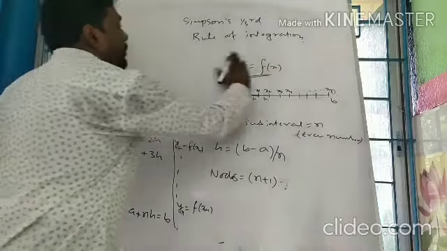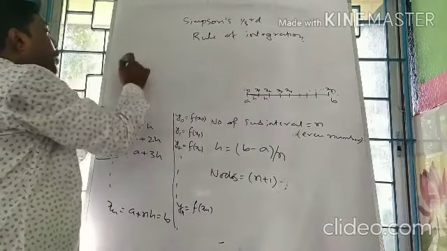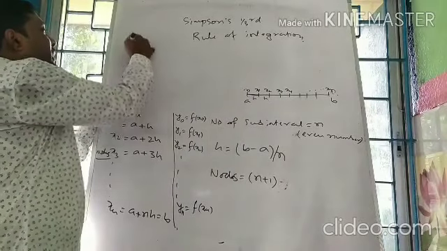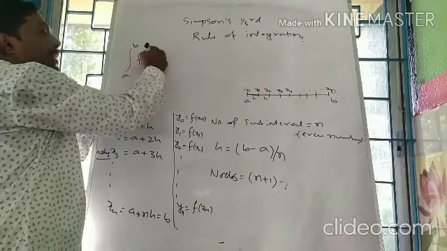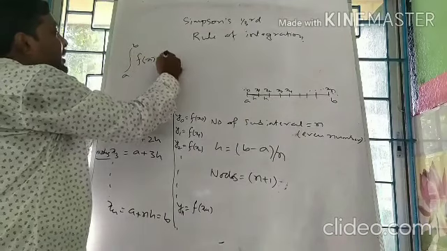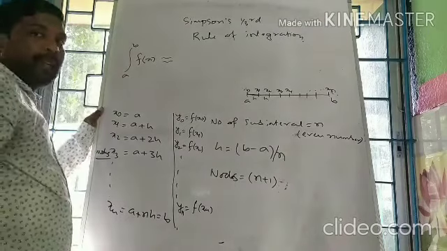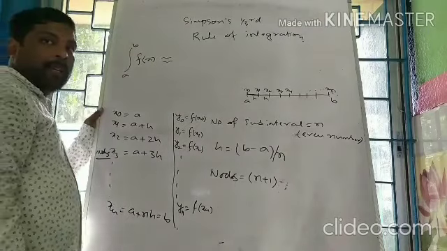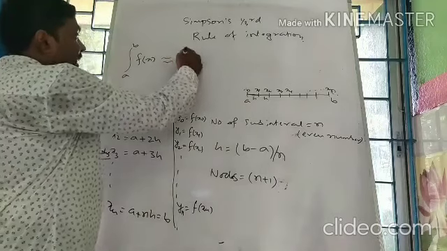Then by Simpson's one-third rule, the integration from a to b of f(x) dx is approximately h by 3.